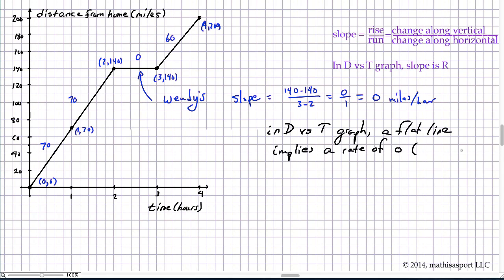Now we're going to give that a special name, a special phrase to associate with that. We're going to call that being at rest. And I just emphasize that because this is going to come up in future problems. Remember, when you've got a flat line in a D versus T graph, you are at rest.